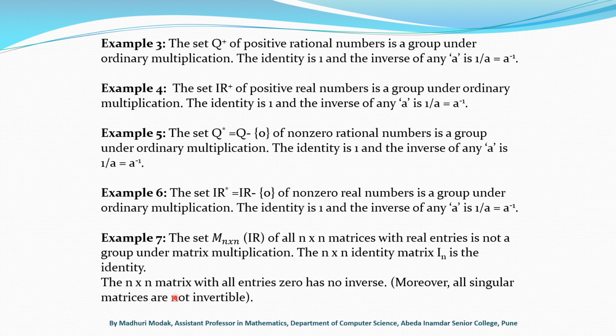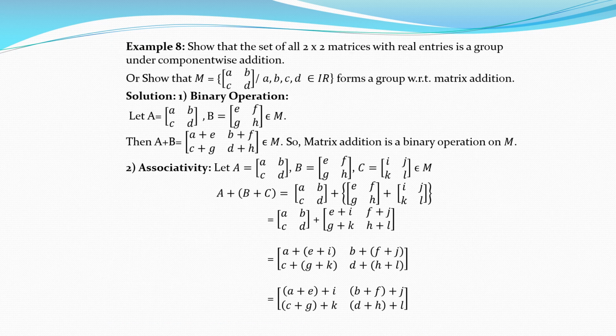So there are some n by n matrices without inverse. For example, if I consider any 0 matrix, then its determinant is 0, so it doesn't have an inverse. Hence, M n by n R, that is the set of all n by n matrices with real entries, does not form a group with respect to matrix multiplication because the property of inverse fails here.